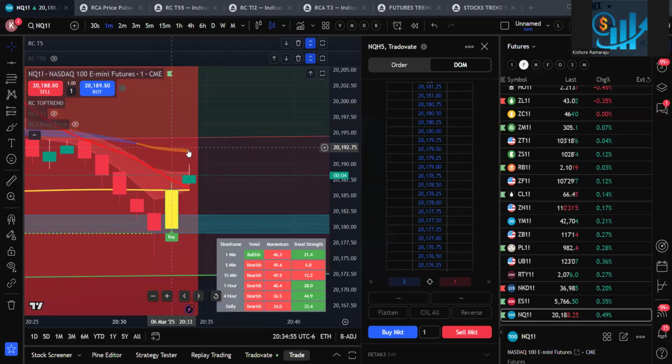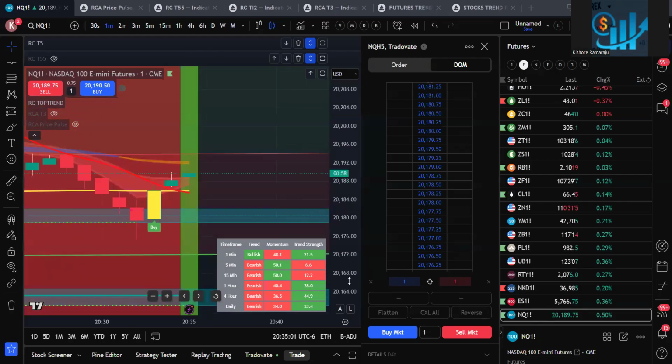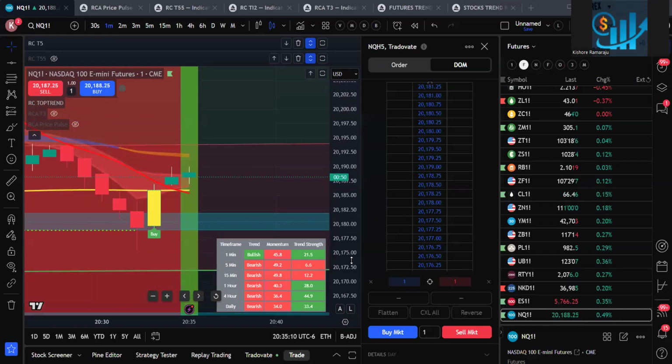Most probably this cloud should act as a resistance and try to push the price down. Because the chart is mainly looking red, we will only look at the short side, right?